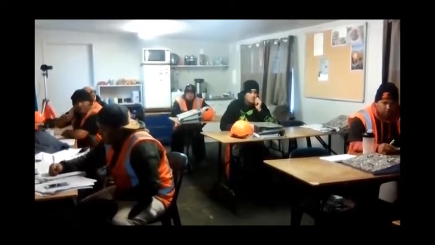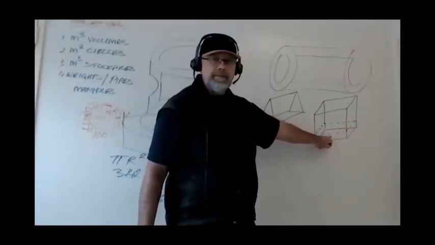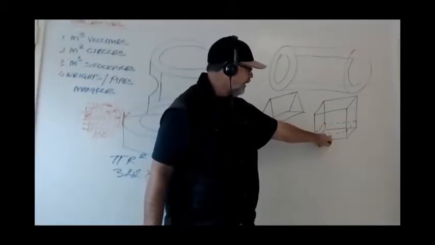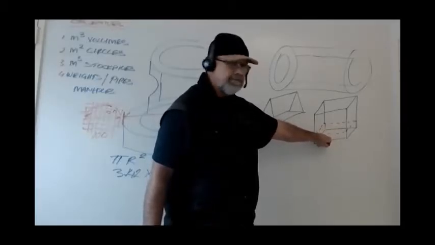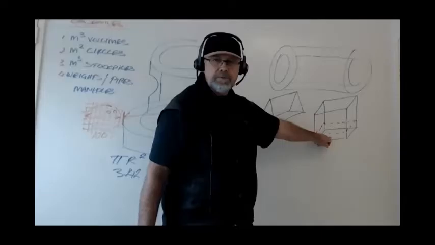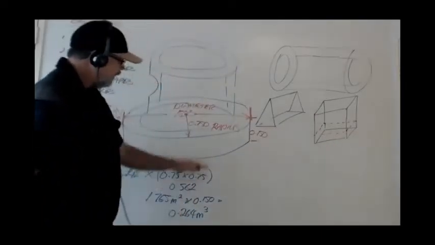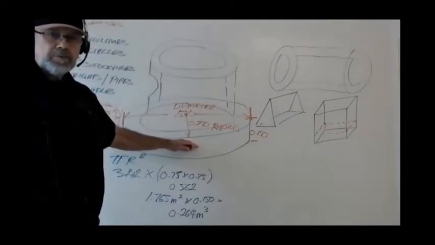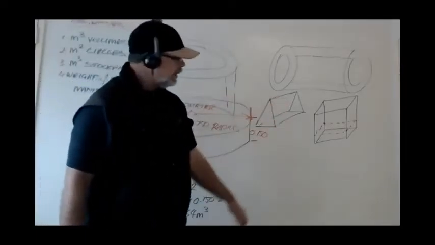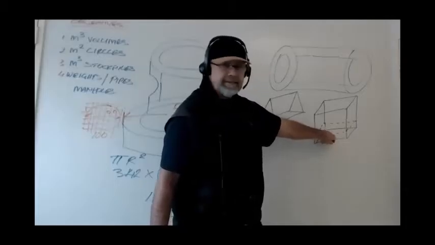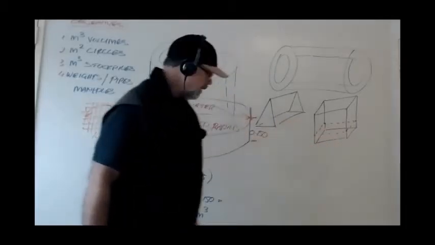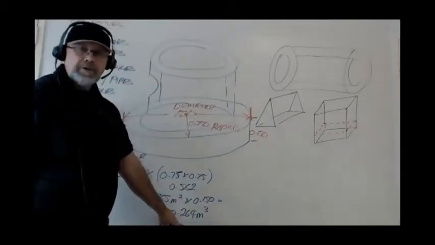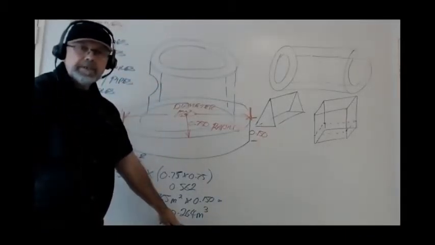So if you look down the bottom of this cube, you'll see that we're just under a third. So that bottom part represents 0.264 of a cubic meter of concrete. If we got this base and squashed it into this cube, it would only fill the cube up to around about that red line there. So that gives you a visualization of what 0.264 of a cubic meter is.